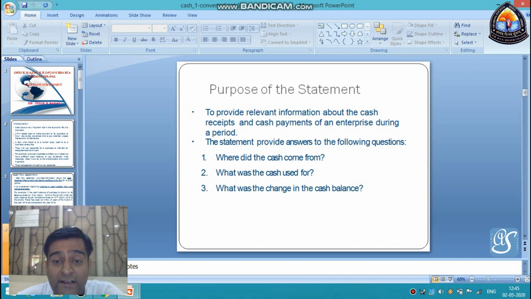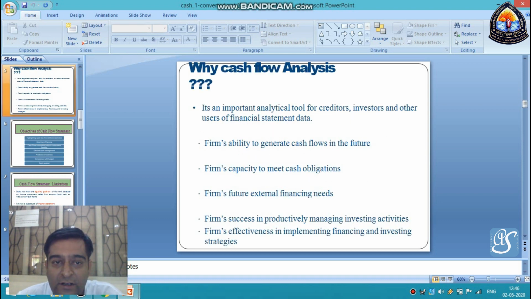What was the cash used for, or where did we utilize or apply our cash? In which type of assets or which type of transaction are we utilizing the cash? What were the changes in cash balance? If we have answers to these questions, then this is the basic purpose of a cash flow statement.